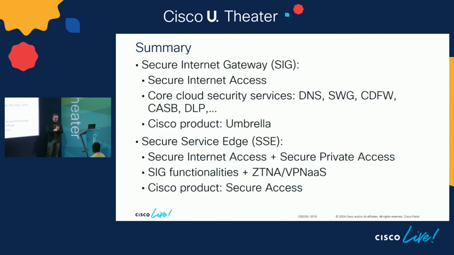So we're securing access to the internet, and we're also providing and securing access to private applications by combining these security SIG functionalities with ZTNA and VPN as a service capabilities.